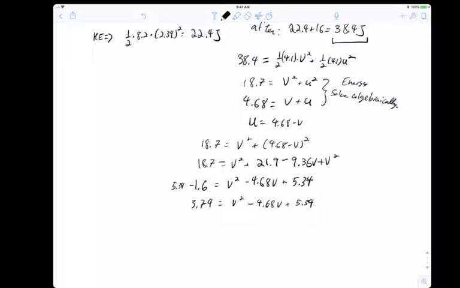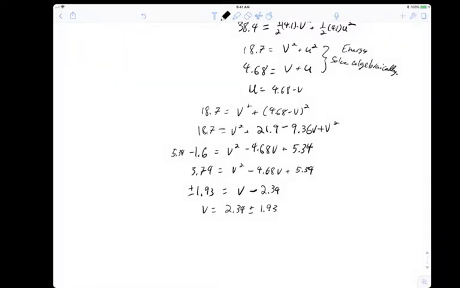All right, and this becomes, you take the square root of that, plus or minus 1.93 is equal to v minus 4.68 divided by 2, 2.34. So v is equal to 2.34 plus or minus 1.93. So it's either equal to 4.27 meters per second, or it's equal to 0.41 meters per second.